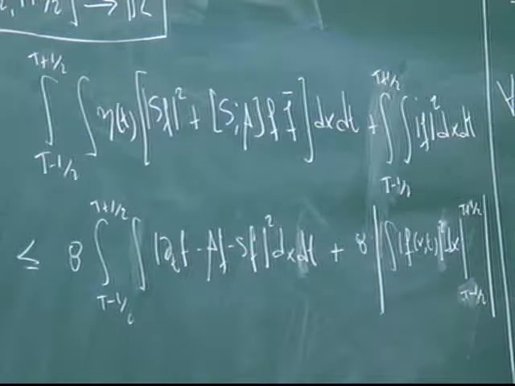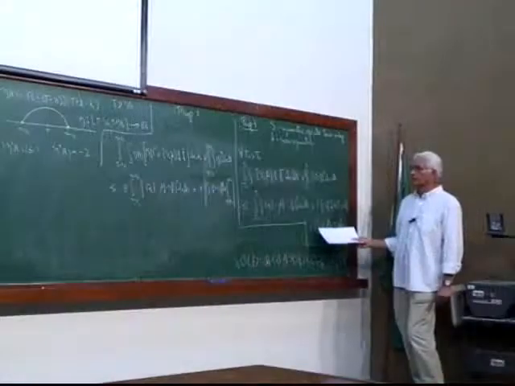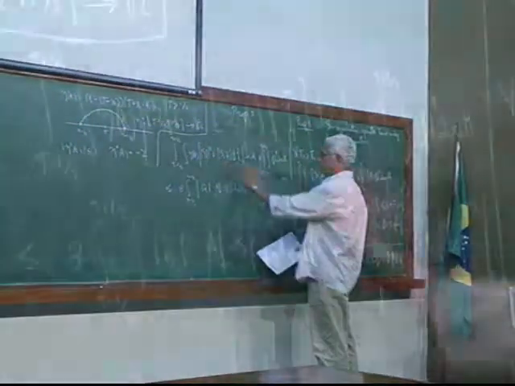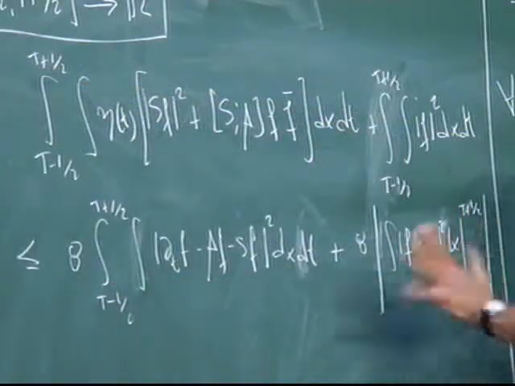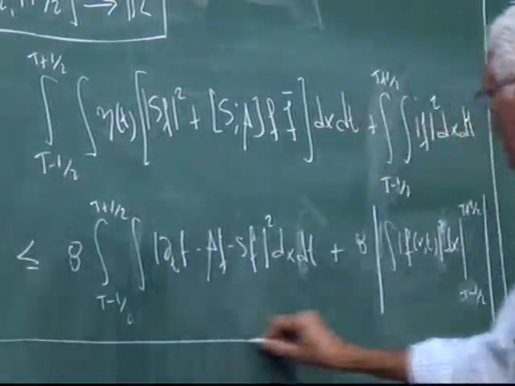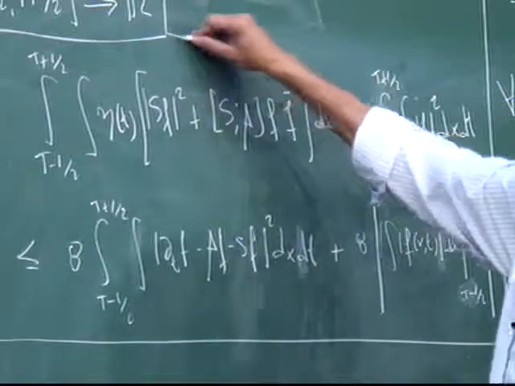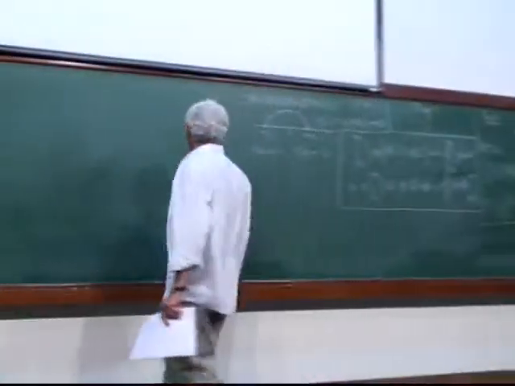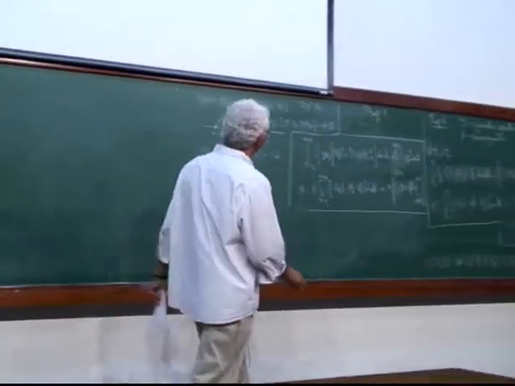You have control of f, but you don't have control of S of f. But this part is going to give you the control of S of f you need, and this is the L2 norm. Let's prove this, and we will be done. This is only two. After that, everything will be fine.